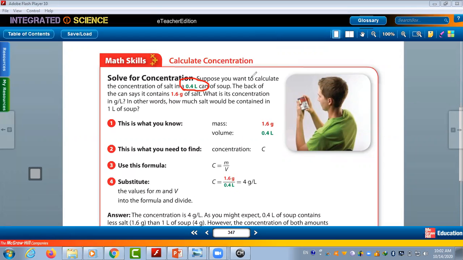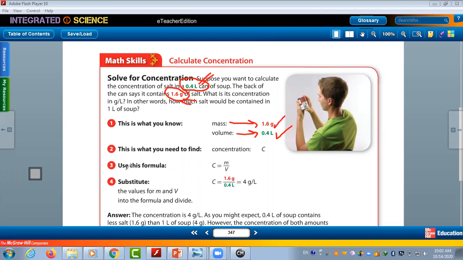Volume, because it is measured in liters. What about 1.6 gram? Mass, because the measuring unit is gram. So mass is 1.6 and volume is 0.4. And our law is C equals M over V.